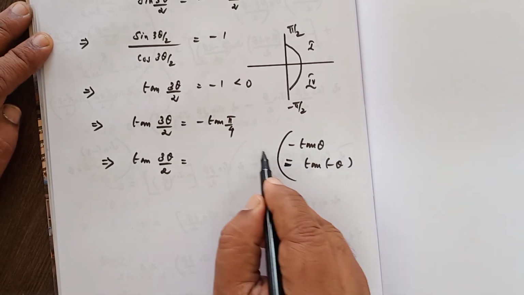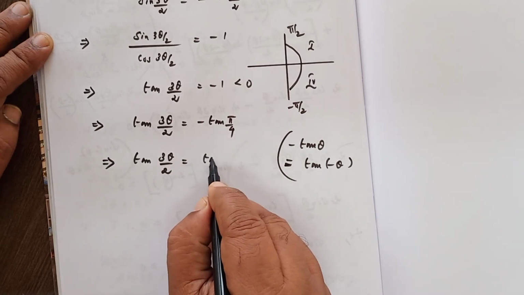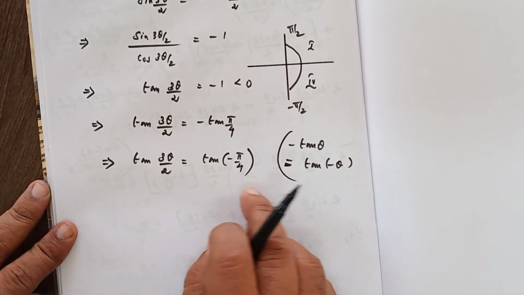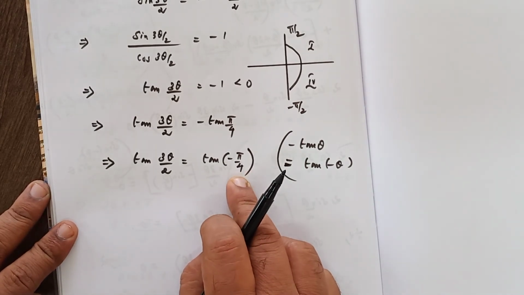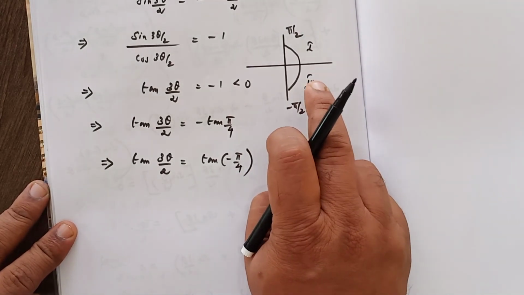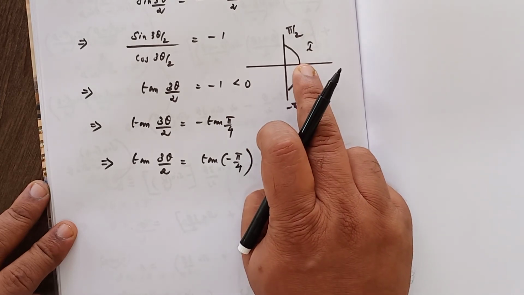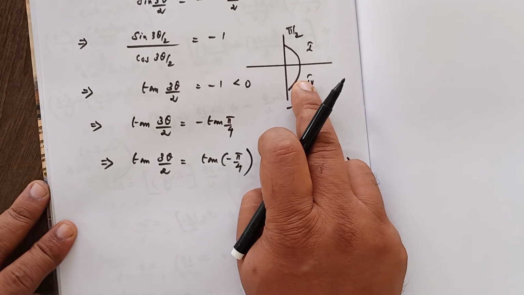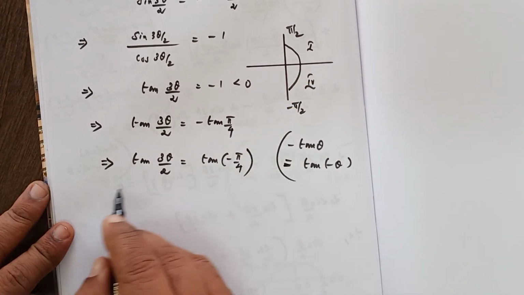So according to this property, this can be written as tan of minus pi by 4. Now look at the angle here, minus pi by 4 lies in which quadrant? Fourth quadrant only. If you go in the clockwise direction, then definitely the minus 45 degree is in the fourth quadrant only. So now we can compare these two.